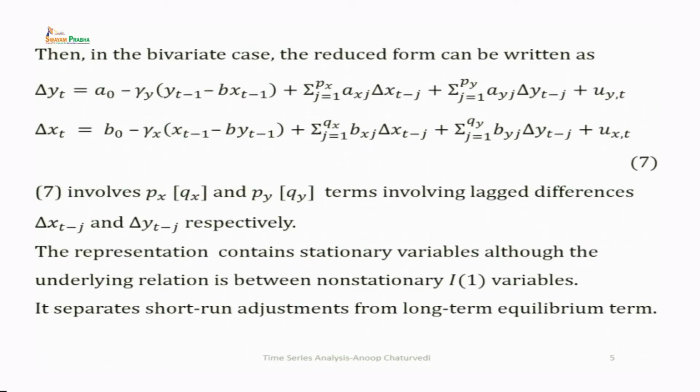Then in the bivariate case, you get the reduced form. Say delta y t is equal to A naught minus gamma y, you have y t minus 1 minus b x t minus 1, plus summation j equal to 1 to p x A x j delta x t minus j, plus summation j equal to 1 to p y A y j delta y t minus j, plus u y t.